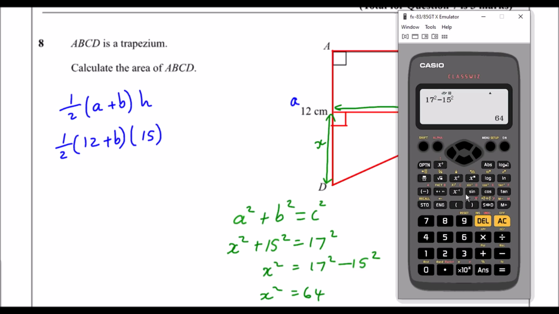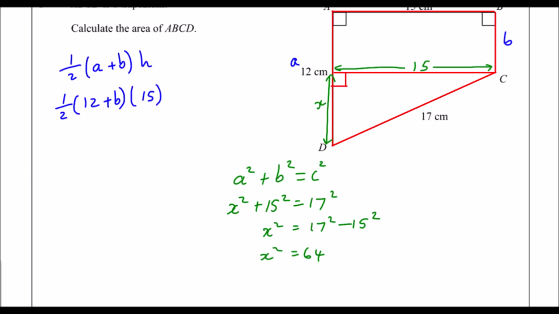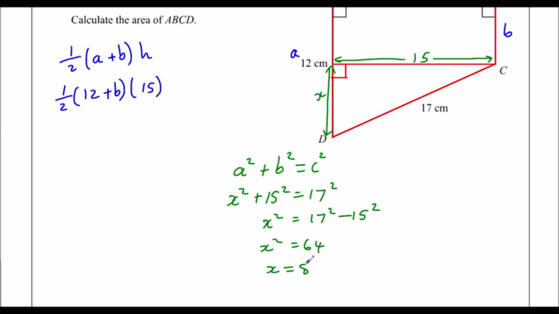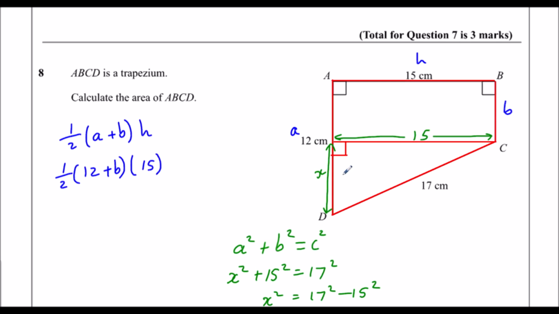So square root both sides, and we find that x is 8. So this length is 8. That means B must be 12 take away 8. So the whole of AD is 12. This part of it is 8. So the missing part is 12 take away 8, which is 4. So B is 4.